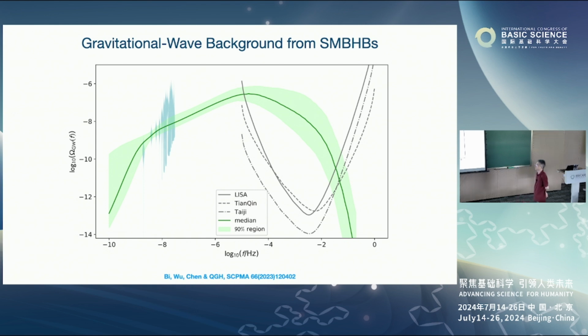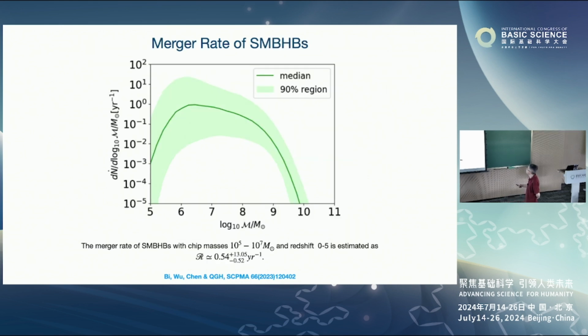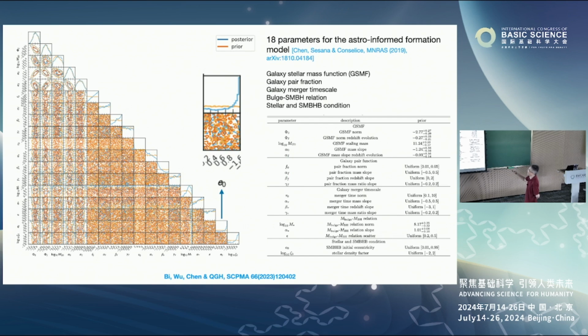Yes, but I suppose they have quite different masses. That's why we say we extrapolate the low frequency background to the high frequency. I just wonder what the astrophysical model is that goes there. Yes, we have to use this model, proposed by Chen, Cesana, and Consolis. If we did not have this model, we could not extrapolate it to the high frequency region.